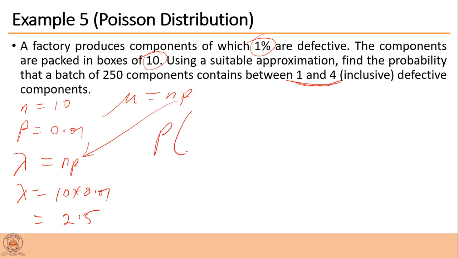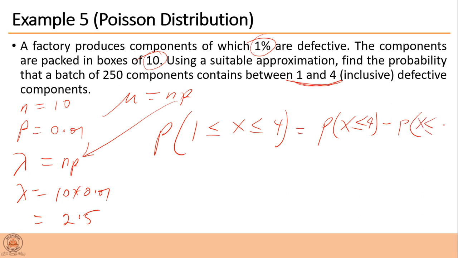So we can now go back to the Poisson and say, okay, I want the value that is between 1 and 4. So this is equal to the probability of x less than or equal to 4 minus the probability of x less than or equal to 1. Now, you remember what we said about this earlier.